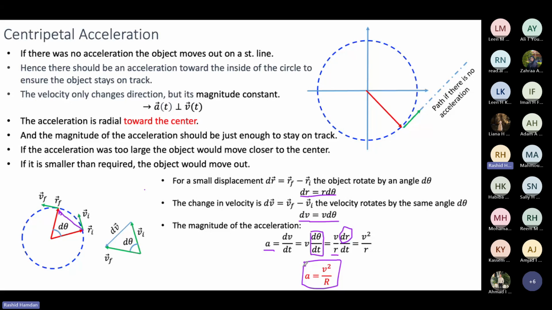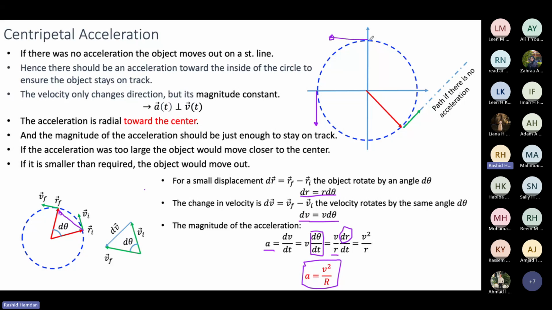It increases with how fast I'm going. The faster I'm going, the more the acceleration has to be, because again, what the acceleration is doing is changing the direction. If I am moving at 10 meters per second in this direction, then after a moment, I have to be moving with a speed of 10 meters per second in this direction.